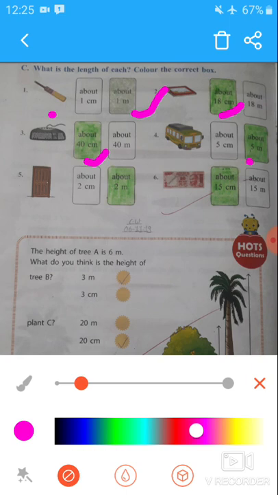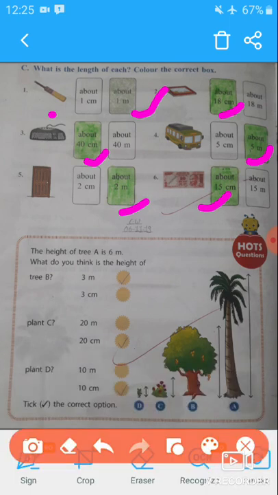Now next is bus. So the length of bus is about 5 meter. So you will color about 5 meter. Now the length of a door is about 2 meter. So you will color about 2 meter. At last, the length of a 20 rupee note will be 15 centimeter. So here you will color about 80 centimeter. So this exercise is completed now.